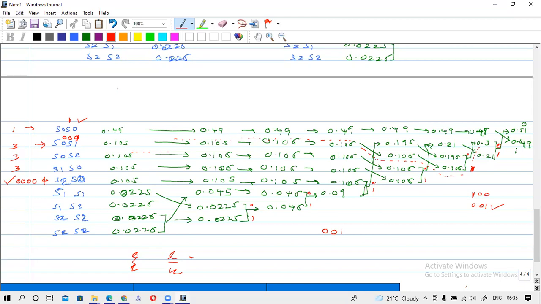Zero, zero, zero, 1, and again it will be 1. Sorry, this one 0, 0, 0, 1. It will be 1, and it is 0, 0. So this one will be 0, 0, 0, 1, 0, 0. So it will be 1, 2, 3, 4, 5, 6 bits. Yes, 6 bits. So all the others, I think, are 6 bits.